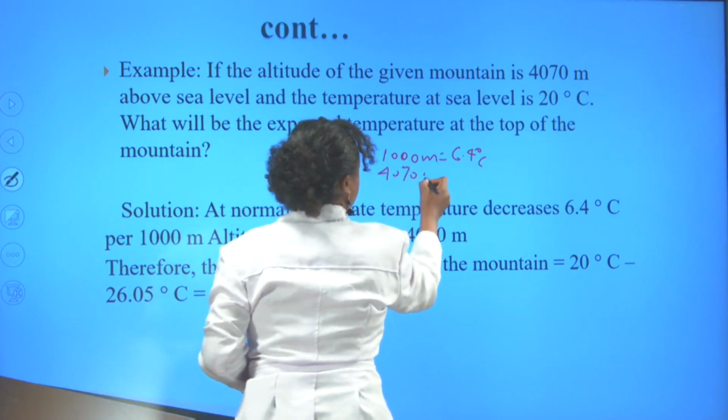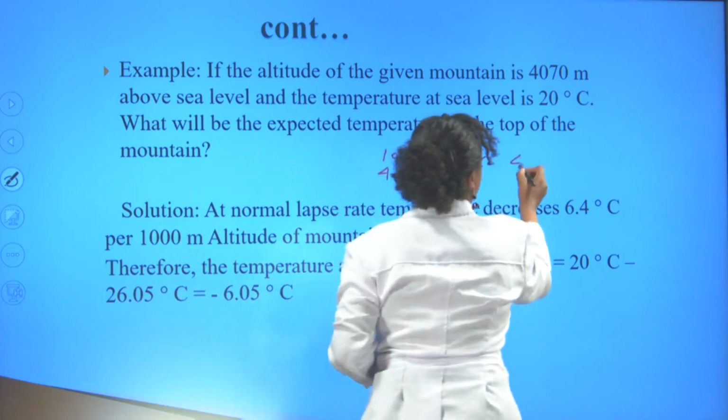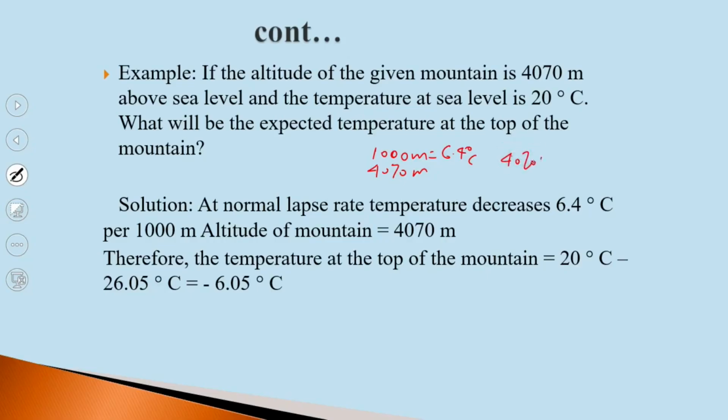For 4070 meters, we have to cross-multiply: 4070 meters times 6.4 degrees Celsius over 1000 meters. Meter by meter cancels, and the zeros cancel. So finally we get 2604.8 degrees Celsius over 100.